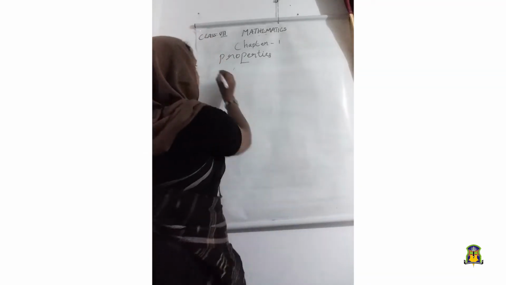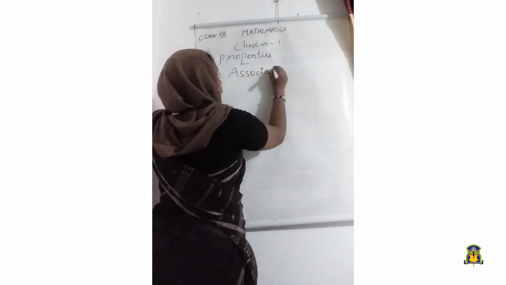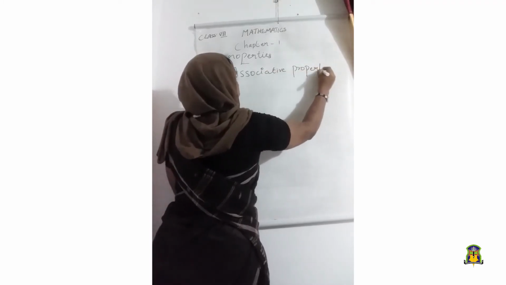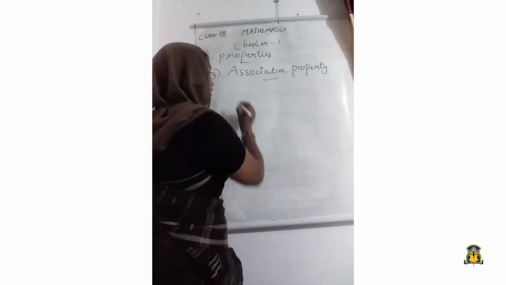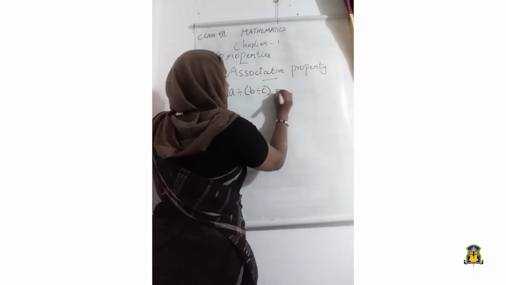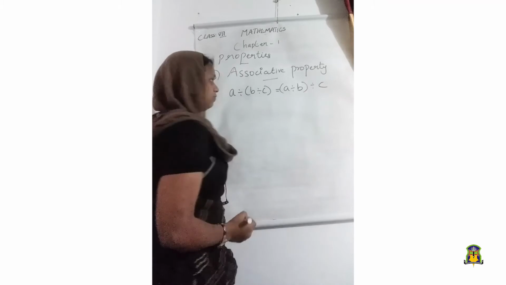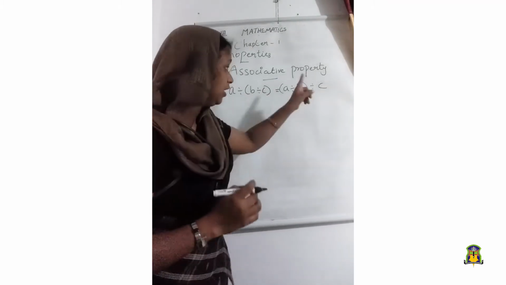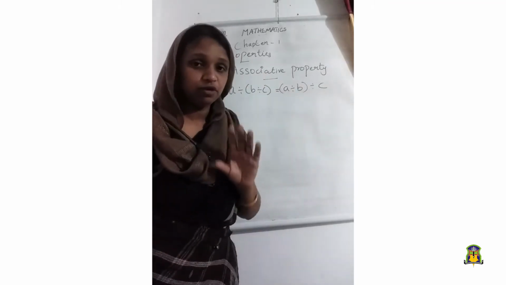Our next property, the associative property. That is a divided by b divided by c is equal to a divided by b, divided by c. We first club b divided by c together and do that first, then here a divided by b we do first.